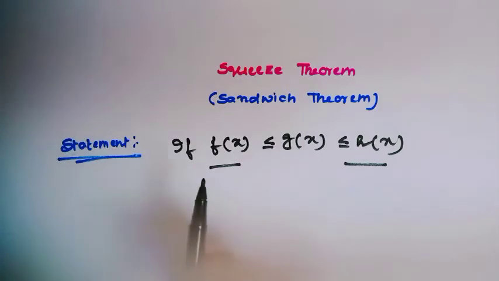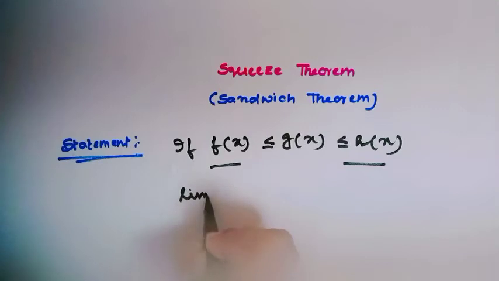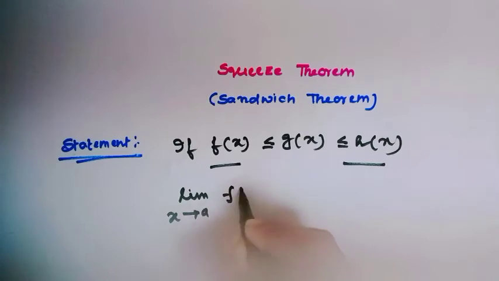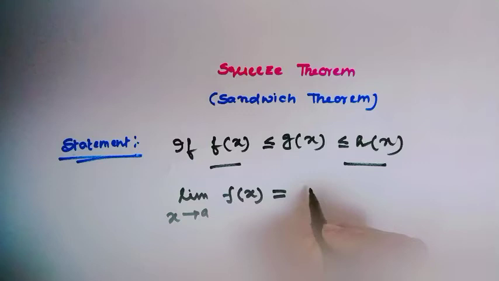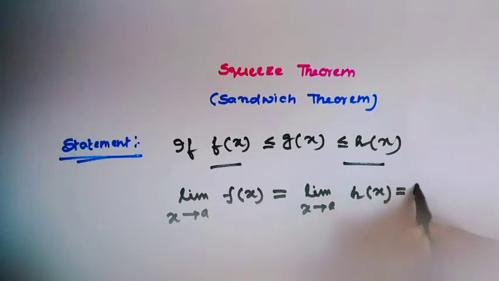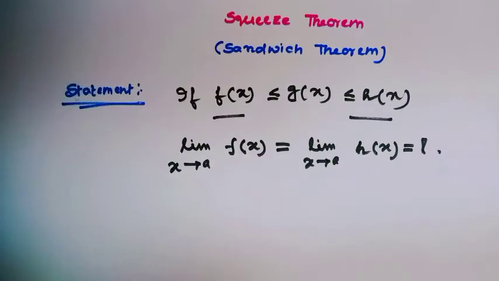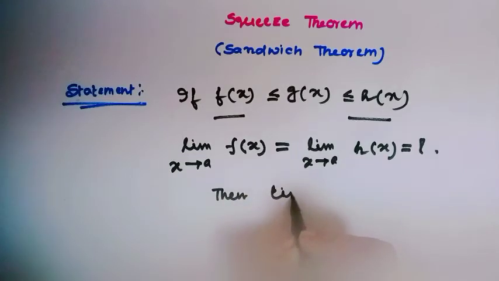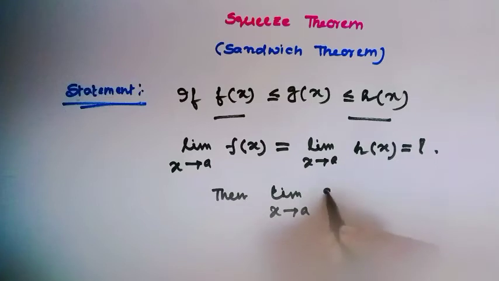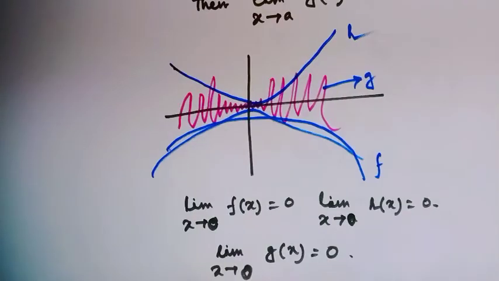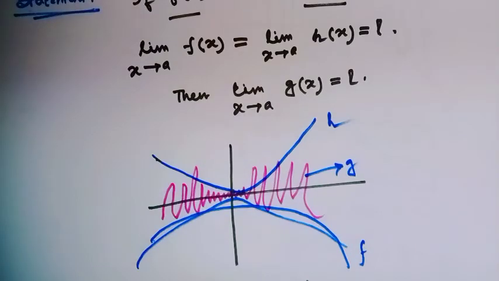Moreover, if the limit as x tends to a of the smaller function f(x) equals the limit as x tends to a of the bigger function h(x), which is equal to L, then the limit as x tends to a of g(x) will be L.